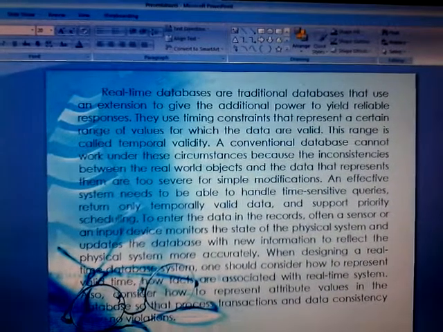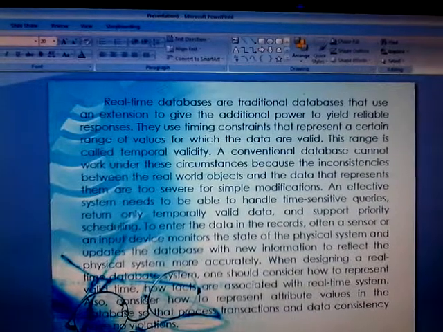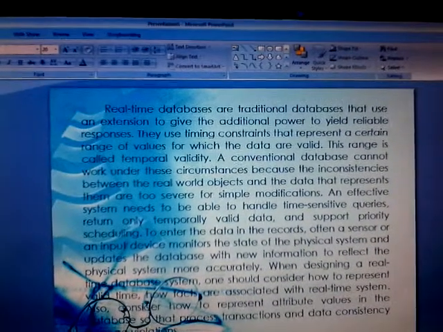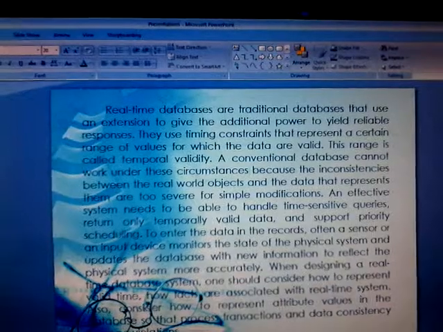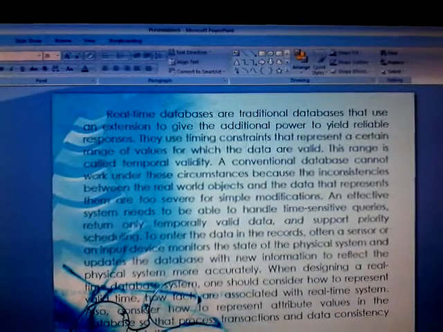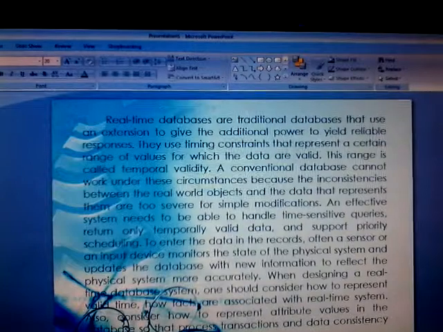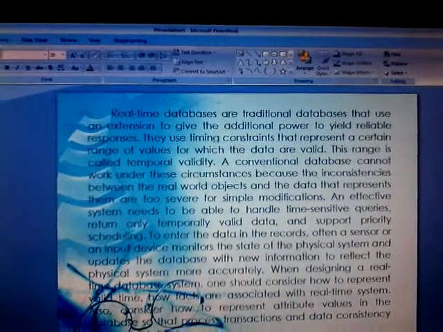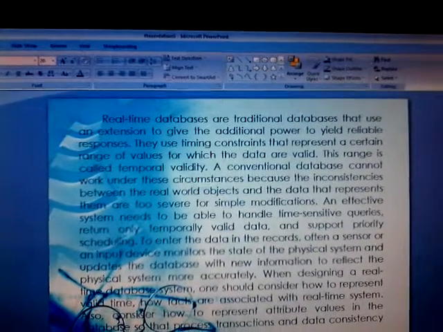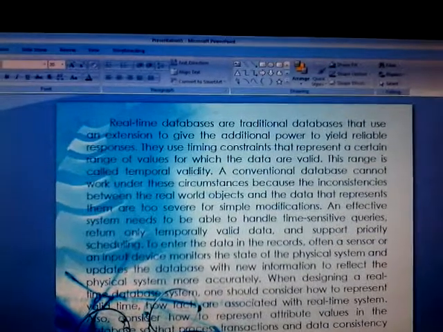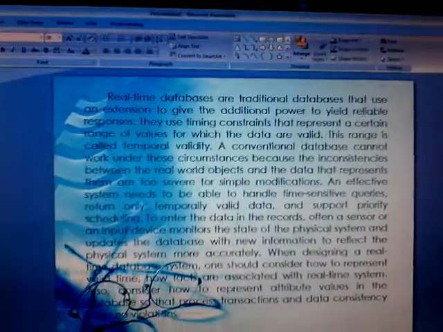When designing a real-time database system, one should consider how to represent valid time, how facts are associated with the real-time system. Also, consider how to represent attribute values in the database so that processing transactions and data consistencies are not violated.